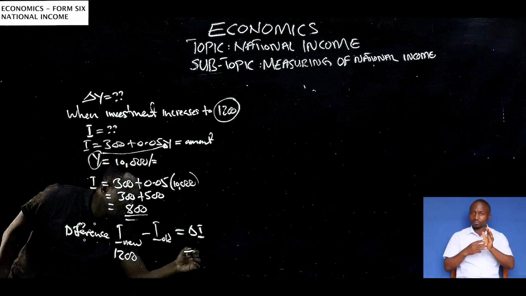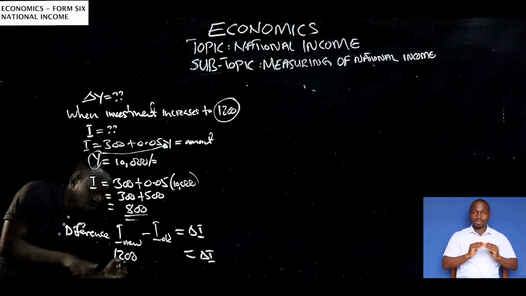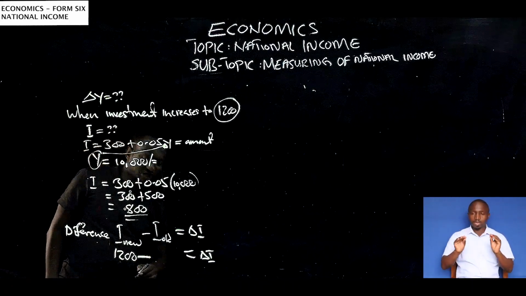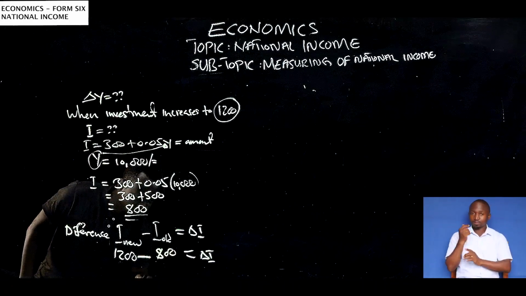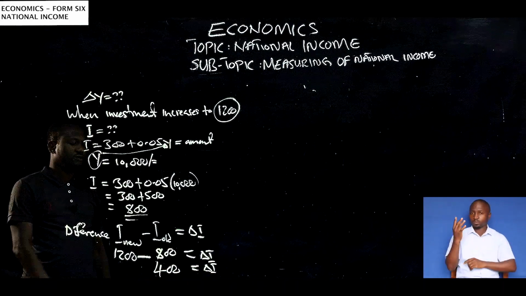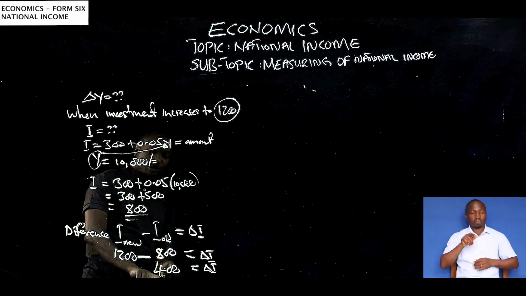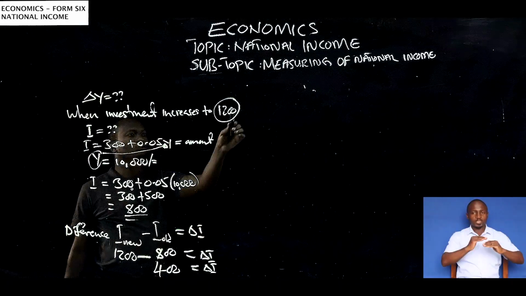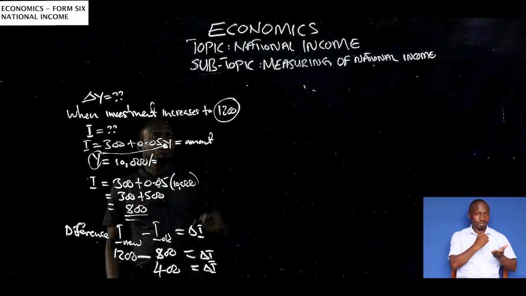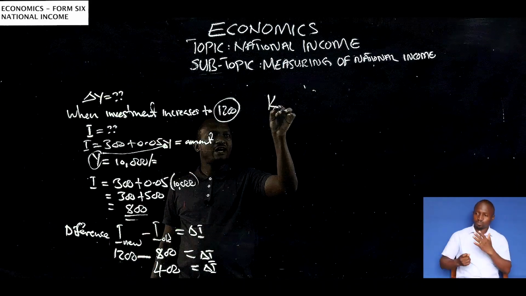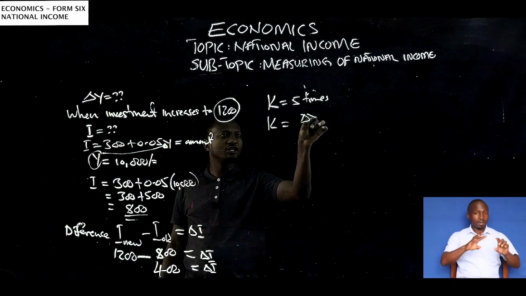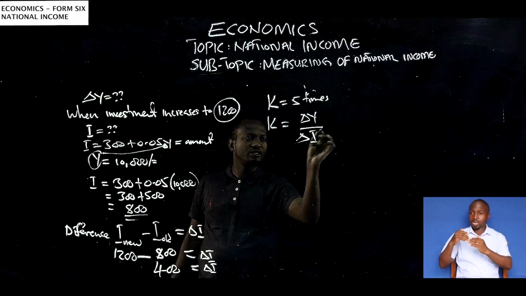So here, the change in investment will be the new investment 1,200 minus the old investment, which is 800. So the change in investment will be 400. So this will be used to find the change in income, and notice this amount, because this is not a change in investment. This is a new investment. So from the multiplier, which was 5 times, the multiplier equals change in income over change in investment.